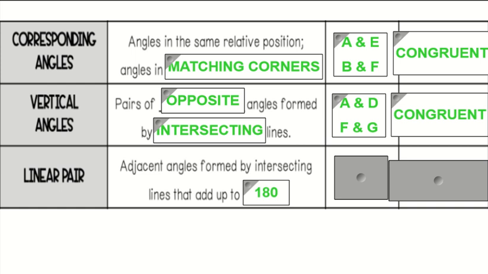So two angles that are next to each other, they add up to 180 degrees. They use A and B and F and H as their examples. But again, more than just those two.